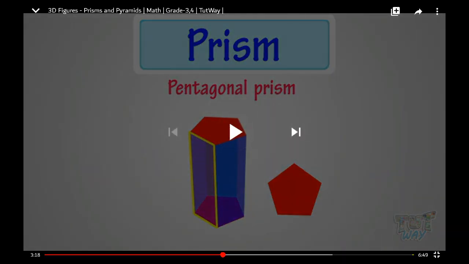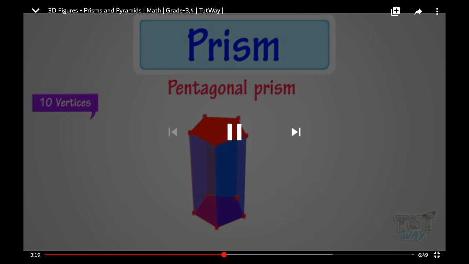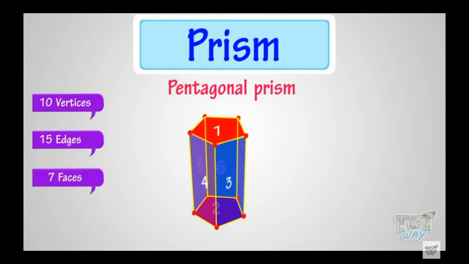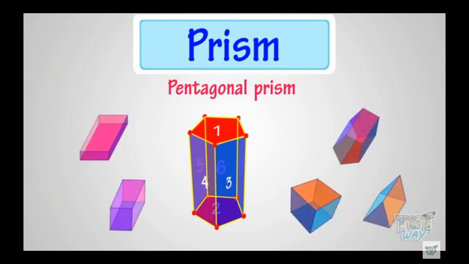So, as we see, it's very important that in the prism, all of the other shapes, except for sure the bases, are rectangles. It has 10 vertices, 15 edges, and 7 faces. There can be more types too, depending on the shape of its top and bottom faces.